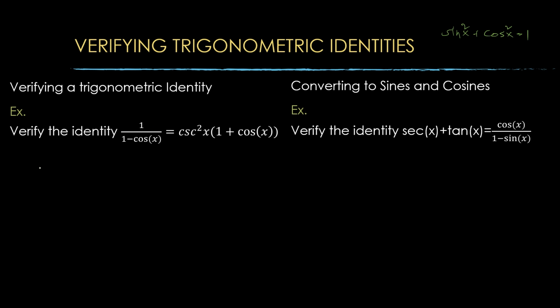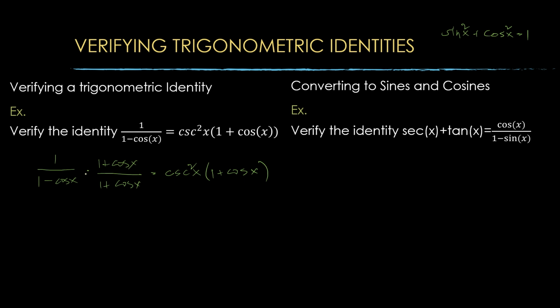So remember what we did. That is 1 over 1 minus the cosine of x. We try to multiply this one by 1 plus the cosine of x over 1 plus the cosine of x. Okay, I'll just write the right hand side of the equation, 1 plus cosine of x.